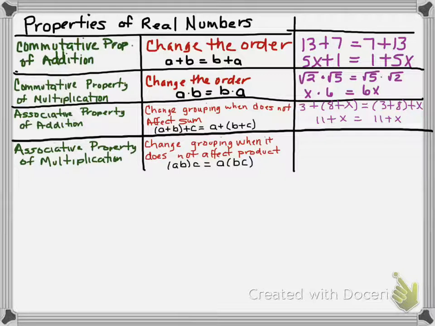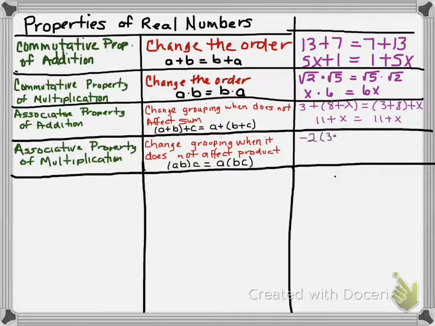So associative, you have to have a parentheses in there somewhere. So it's like having negative 2 times 3x, but then it's also the same thing if I were to group the negative 2 and 3 and have an x outside. Both of those would give me the same answer, which is a negative 6x.